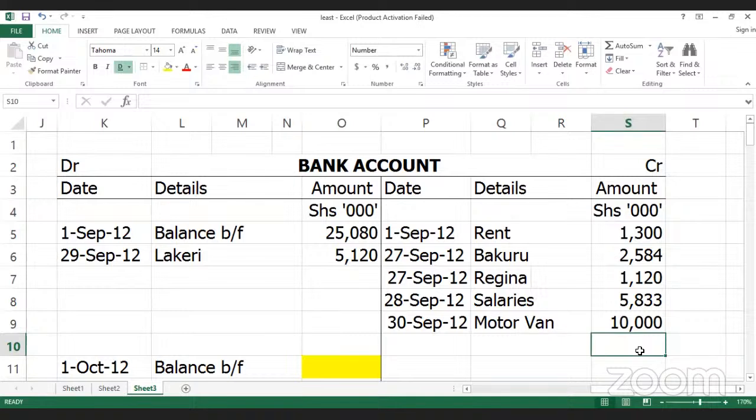Get your calculators, try to do the addition and see which side is greater. Then we insert the balancing figure on the smaller side.